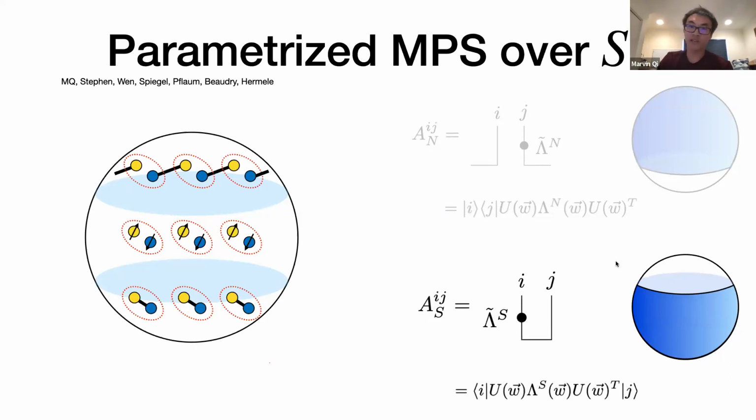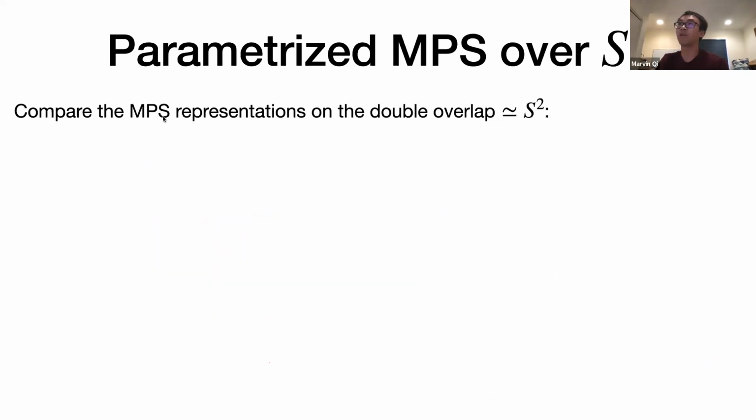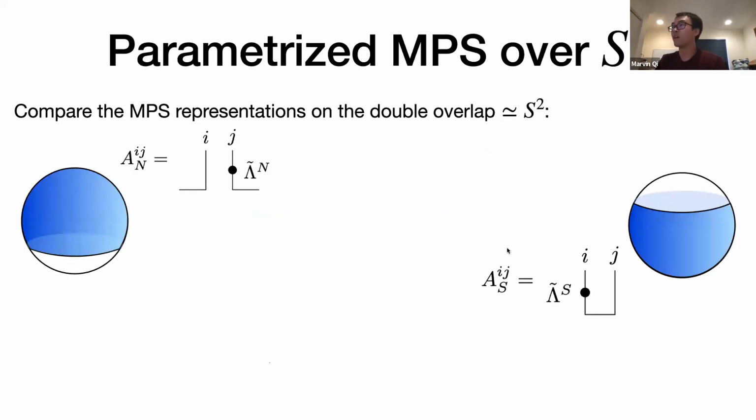Okay, so just like in the 0-dimensional story, we can compare the different MPS representations as opposed to the actual wave functions. We can compare the MPS representations on the double overlap, which is the equator of the S3, which is like S2. It turns out that on the equator, these two MPS representations represent the same state.